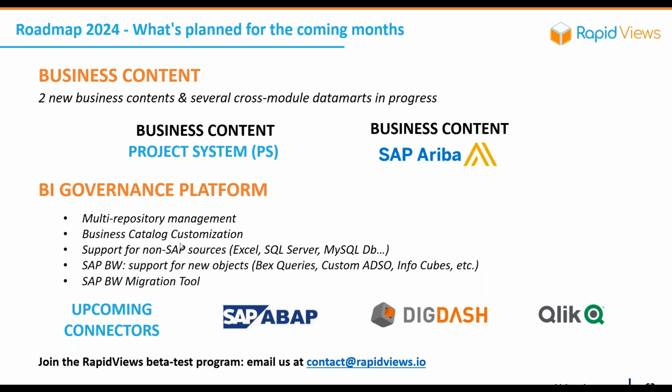And thanks to that, we are also going to be able to access reports from customers that are not using SAP, so to be able to provide a BI governance platform for non-ERP customers. And we have a lot of customers in France that are waiting for that. So you will see that coming in the next few months.